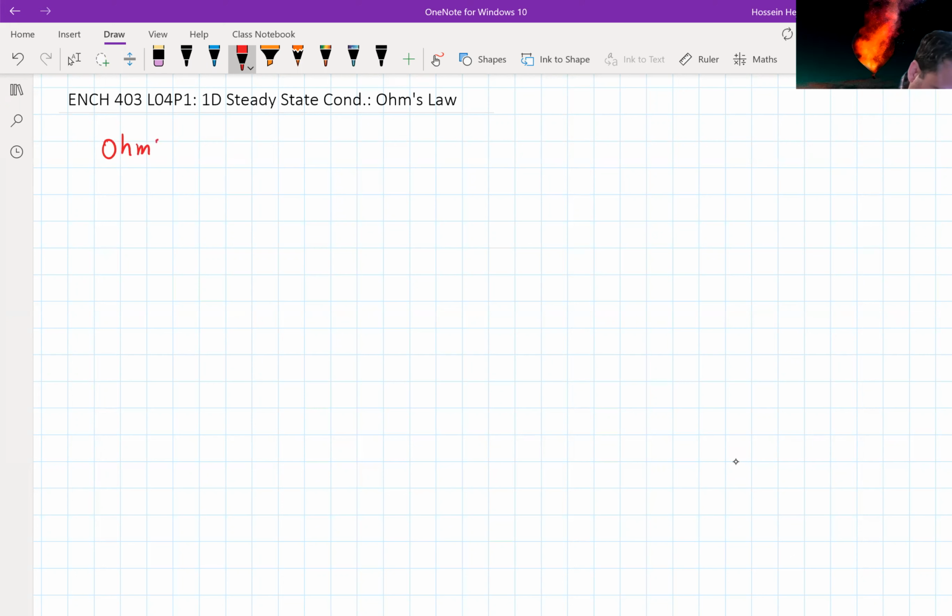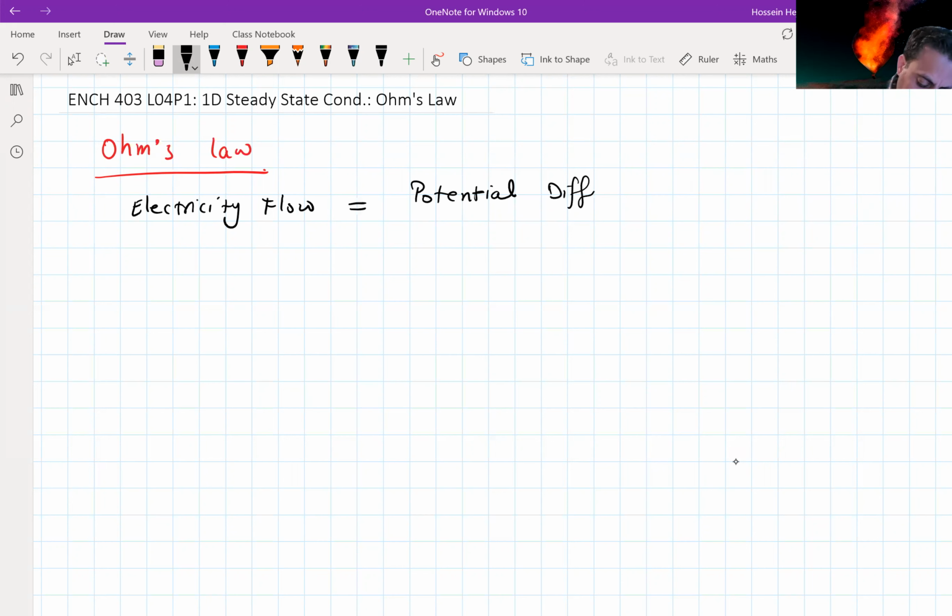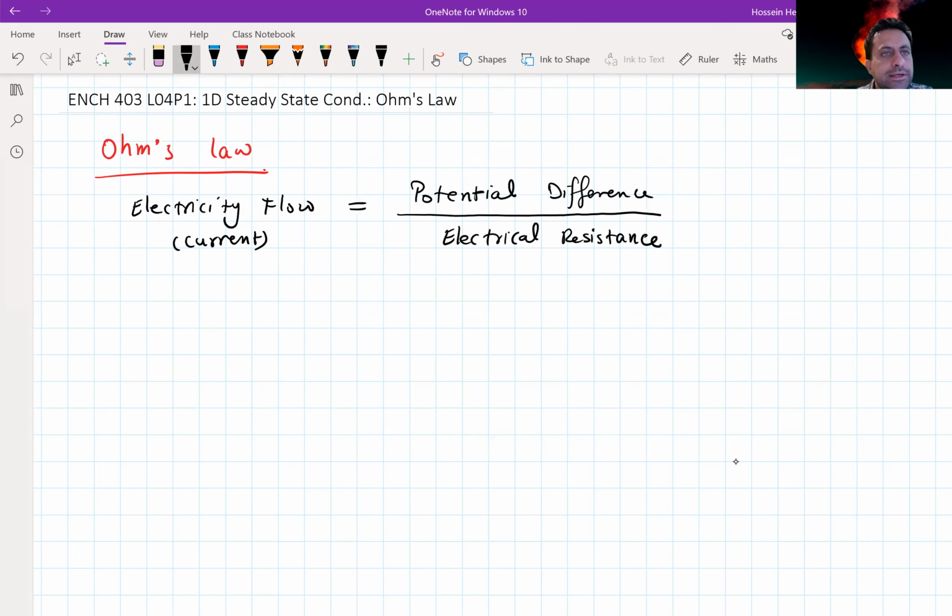So what we know for electricity is the electricity flow, or current, is the potential difference divided by the electrical resistance.